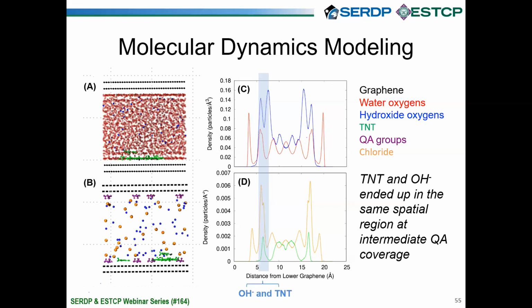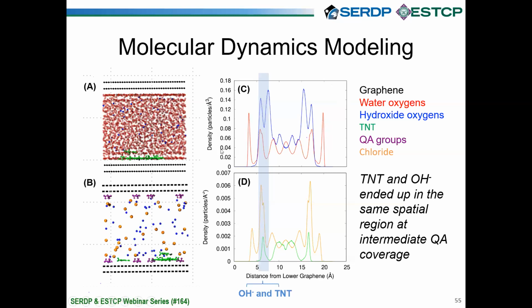There are several interesting observations here. First, TNT initially lay flat on the plain graphene sheets. However, as the QA group increased, TNT started to get pushed off the wall. At the same time, we observed that the OH-, the blue dots, started to migrate near the wall.